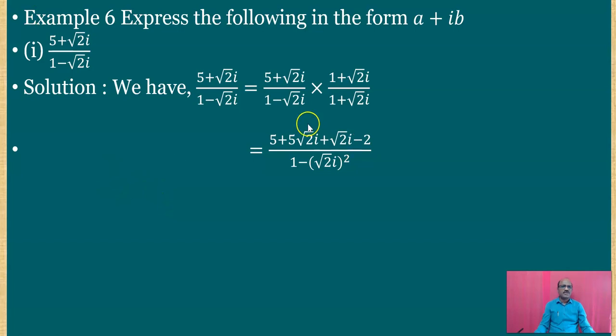If we take the multiplication, 5 into 1 is 5, 5 into root 2i is 5 root 2i, root 2i into 1 is root 2i, and root 2i into root 2i is 2 i square, i square is minus 1, that is minus 2.